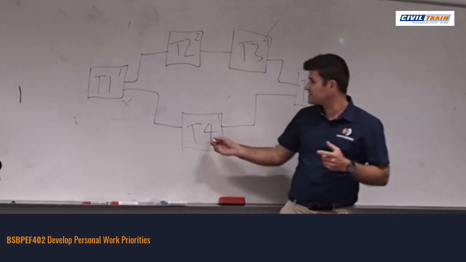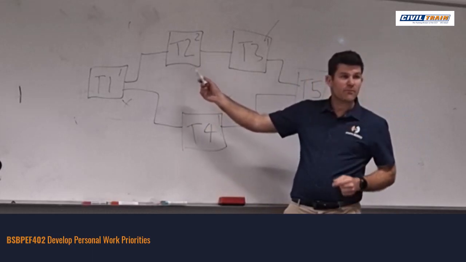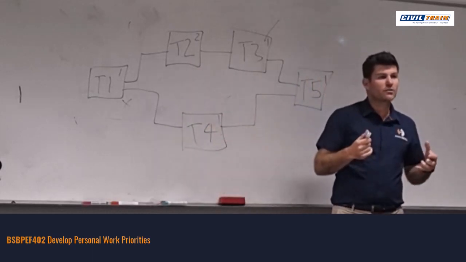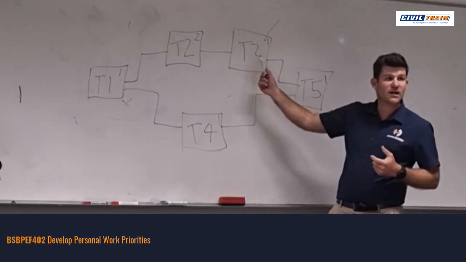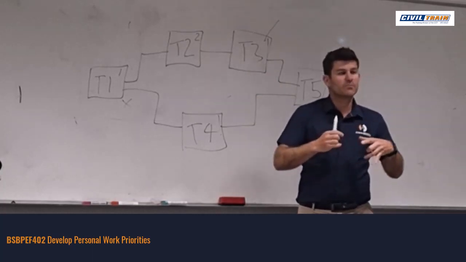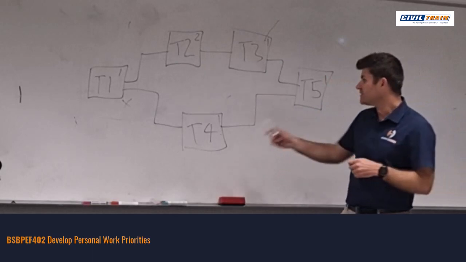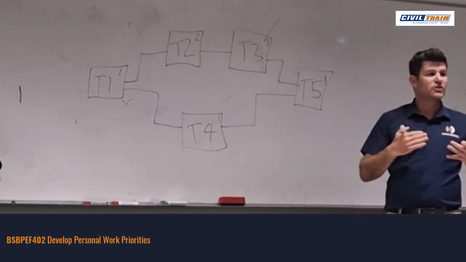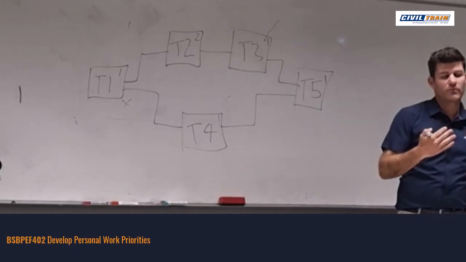I could start this concurrently at the same time as task 2, but I could also move this and do this concurrently at the same time as task 3. It's still going to be completed within the same time frame, as long as the individual tasks don't exceed the allocated time frame.